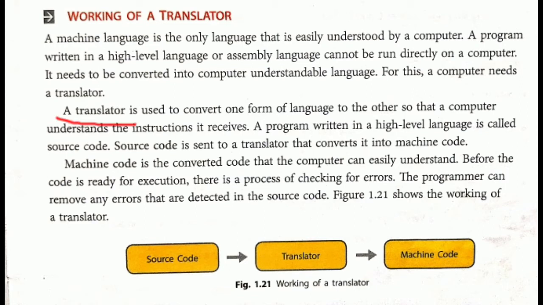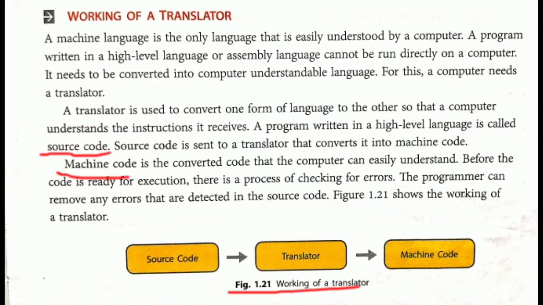Okay, now look at the definition for a translator. A translator is used to convert one form of language to the other so that the computer understands the instruction it receives. That is, a translator is used for converting the high level languages or assembly language into machine form so that the computer can understand the instructions which are present inside the high level languages or assembly language.